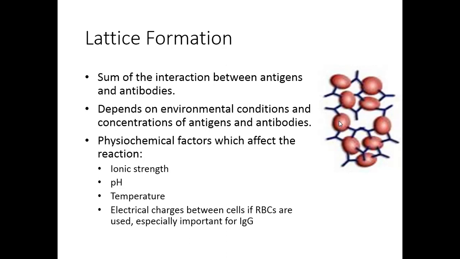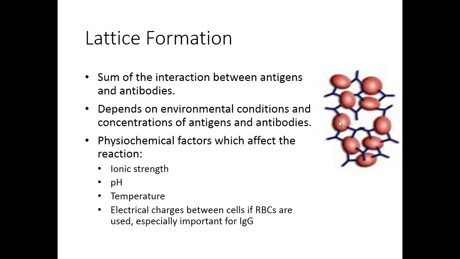But as I said, there are environmental conditions that can influence this binding. Some of the physiochemical factors that affect the reaction include things like the ionic strength, pH, temperature. The electrical charges, especially between red cells, are especially important for IgG.